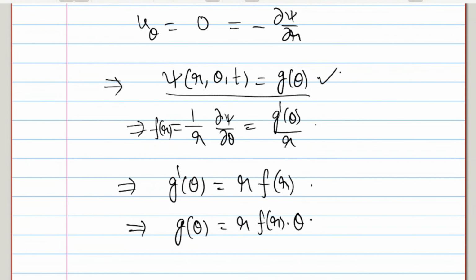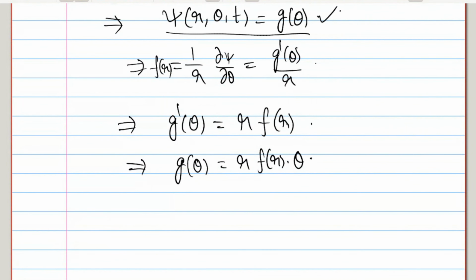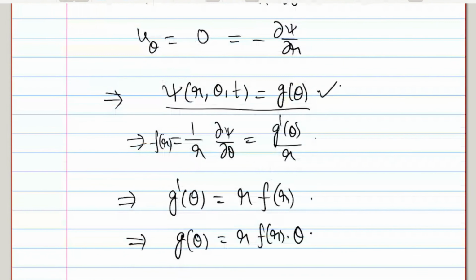How do you get this one? This is equal to psi theta. So psi theta has to be... psi theta. Okay, so that is used, dou psi by dou r equal to 0.